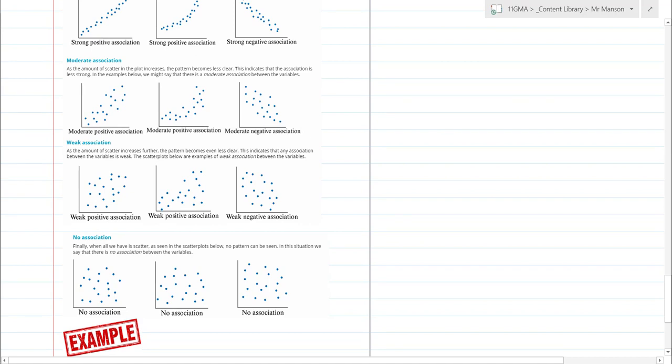If you get down to here, you could probably argue this one or all of these have no association. But again, it's about recognizing that in this one here, for example, there's kind of a little corner. It's going to pop up in the bottom left and the top right where no data exists.